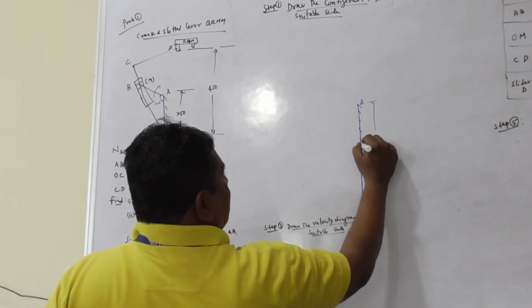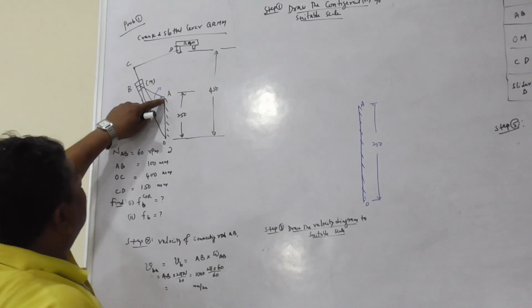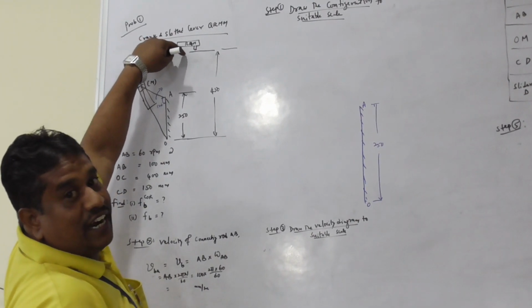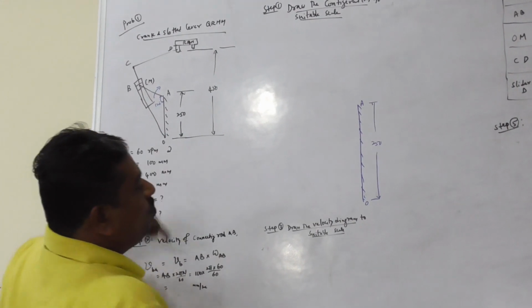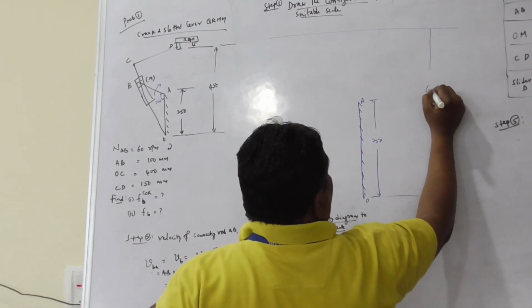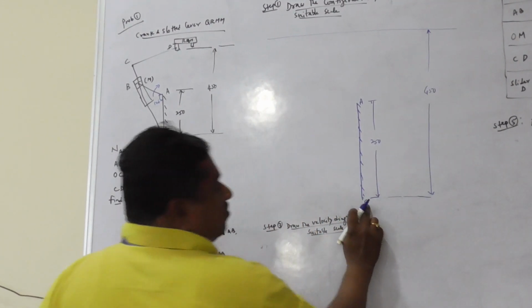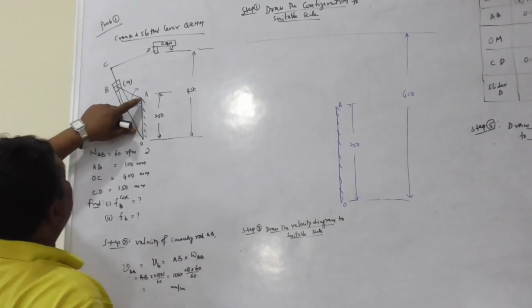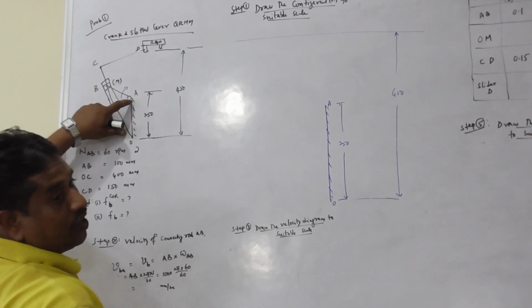Show that OA is a fixed crank. Then fix the position of slider D, which is 450 mm above the point O. That means at a distance of 450 mm, draw one more horizontal line from O. Now, connecting rod AB makes an angle of 120 degrees with respect to the crank.